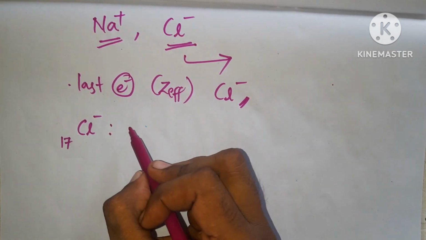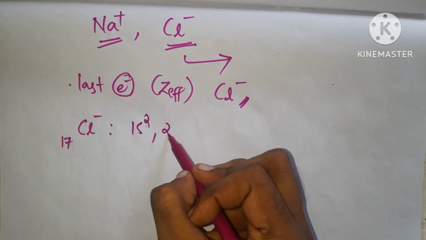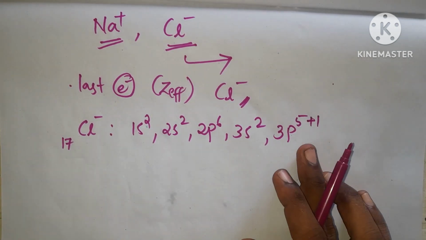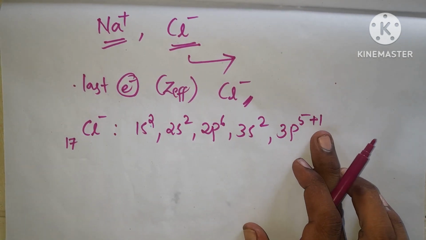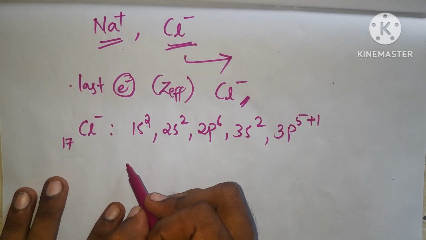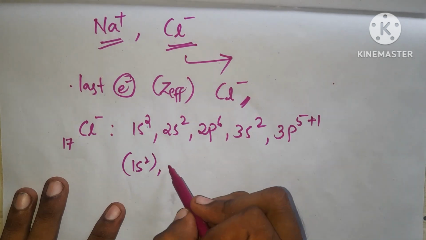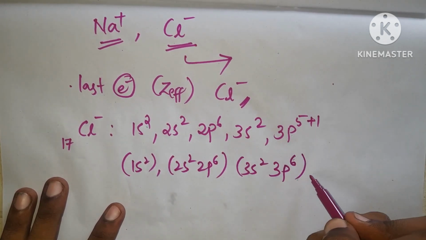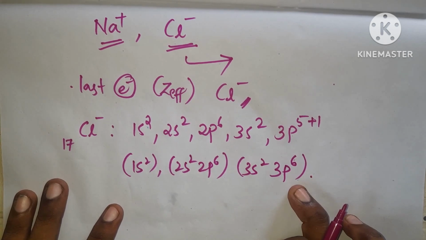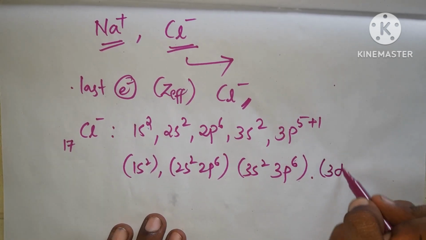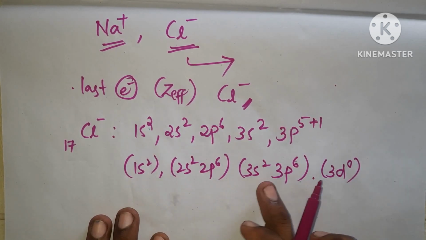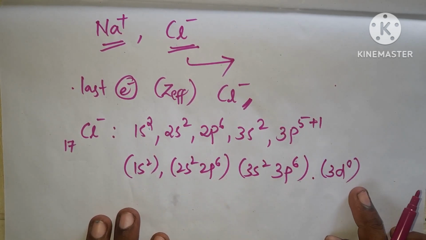So the electronic configuration will be, with 5 plus 1, and the rearranged electronic configuration according to Slater's rule is 1s2, 2s2 2p6, 3s2 3p6. So here 3d remains 0, because n is equal to 1, 2, 3, and this is the last value for 3d.